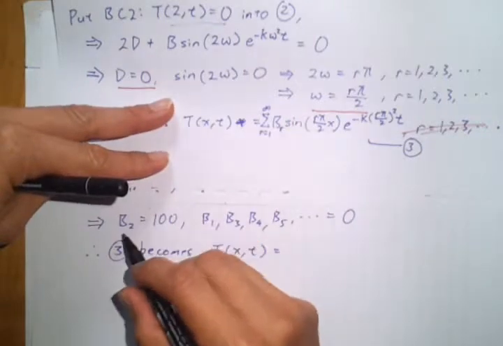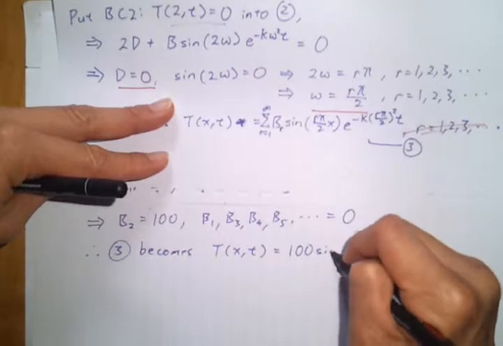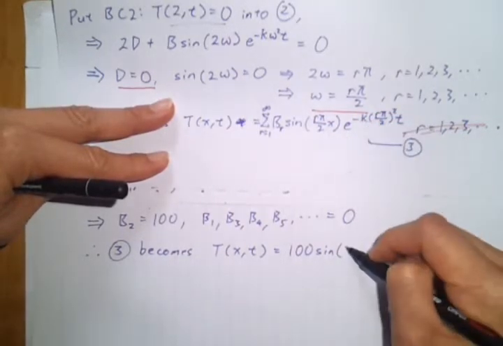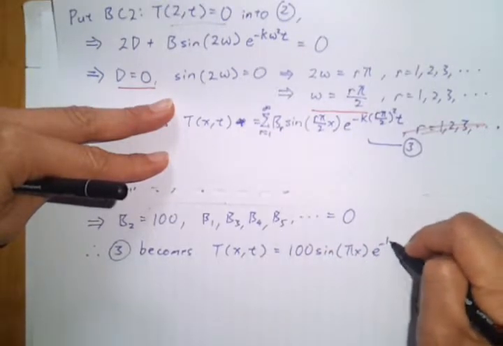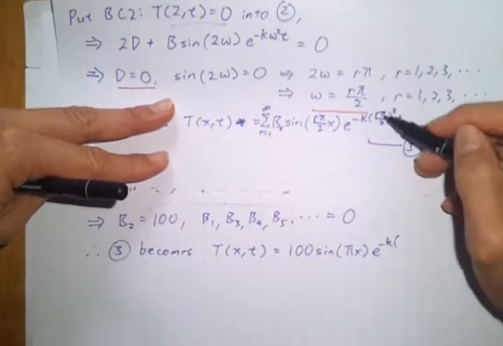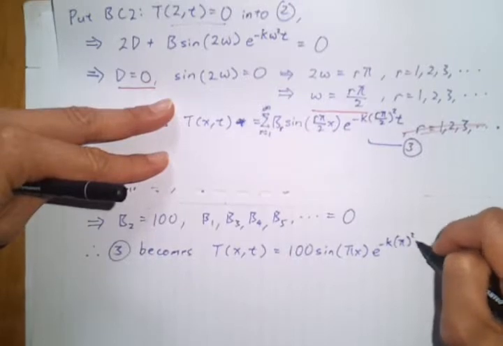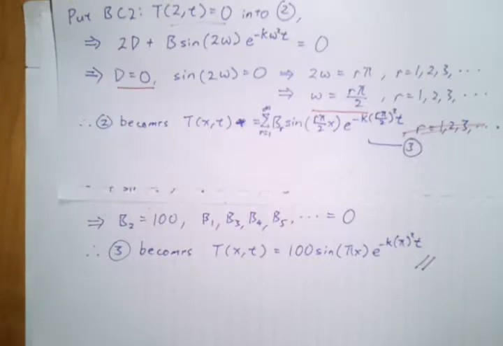When r equals 2, B2 is 100 sine(2 pi x over 2), which is just pi x, times e to the power minus k, and again with r equals 2, 2 over 2 leaves just pi, so pi squared t. So this is the answer to question 6a.